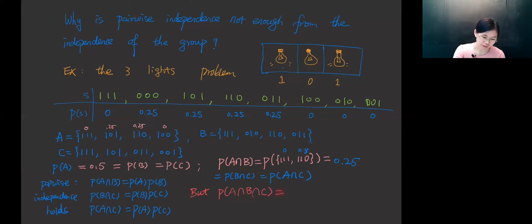So that's the probability of 1, 1, 1, and that is 0. That's not the same as P of A times P of B times P of C. So group independence does not hold for this probability measure. This example demonstrates that pairwise independence is not sufficient for group independence.